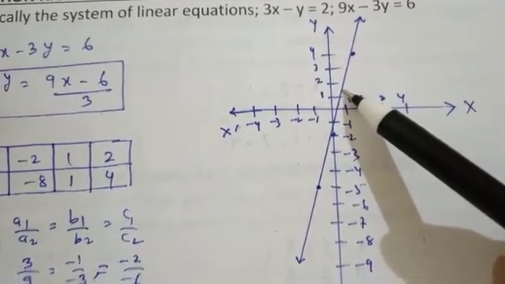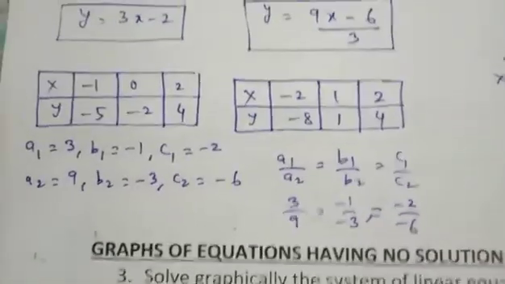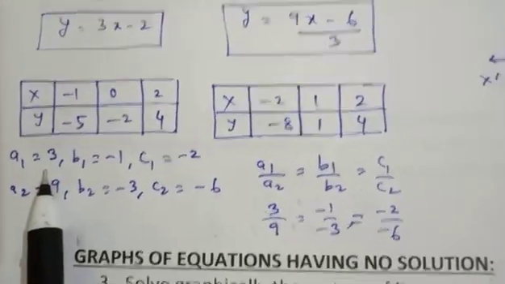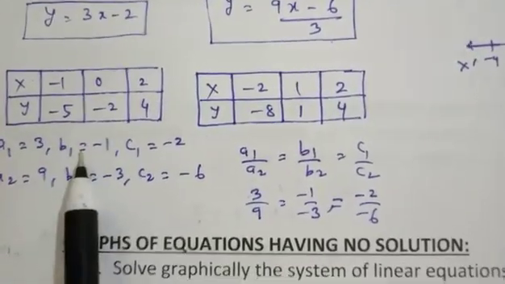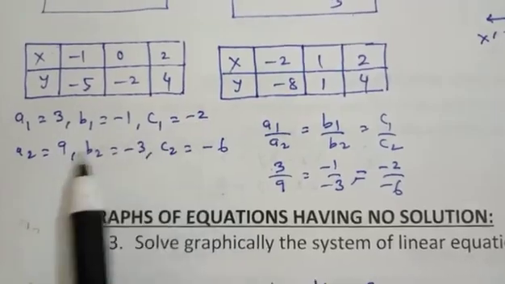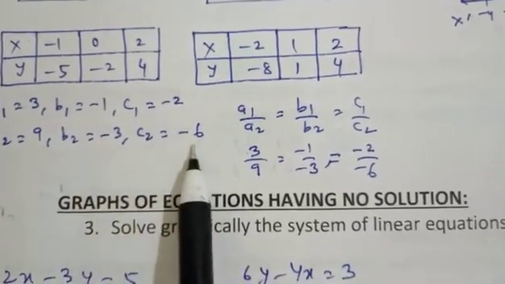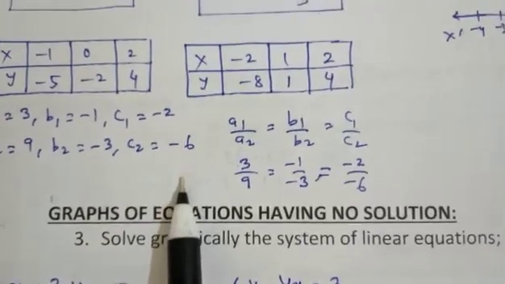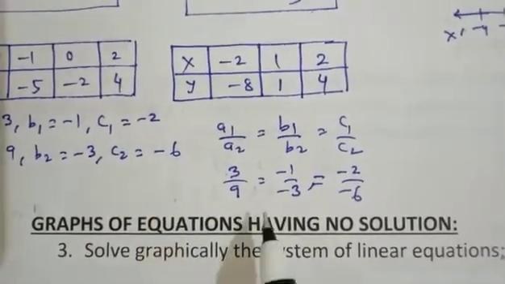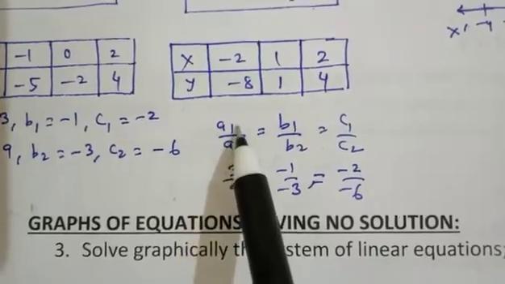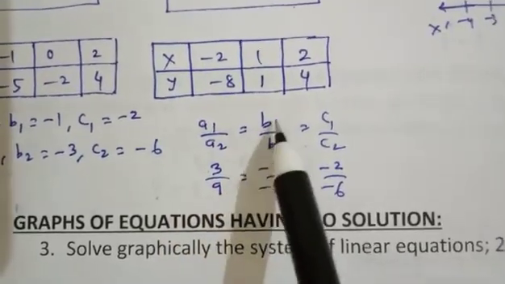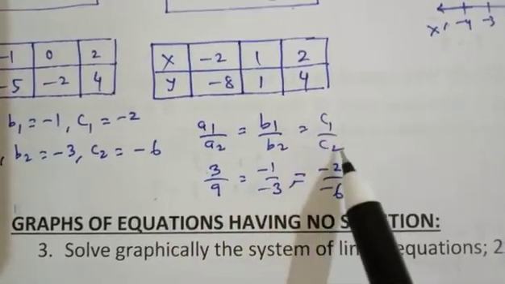Now if we come to the conditions, we take up the equations. a1 is 3, b1 is minus 1, c1 is minus 2, a2 is 9, b2 is minus 3, c2 is minus 6. In the case of infinite solutions, we will have the condition a1 by a2 equal to b1 by b2 equal to c1 by c2.